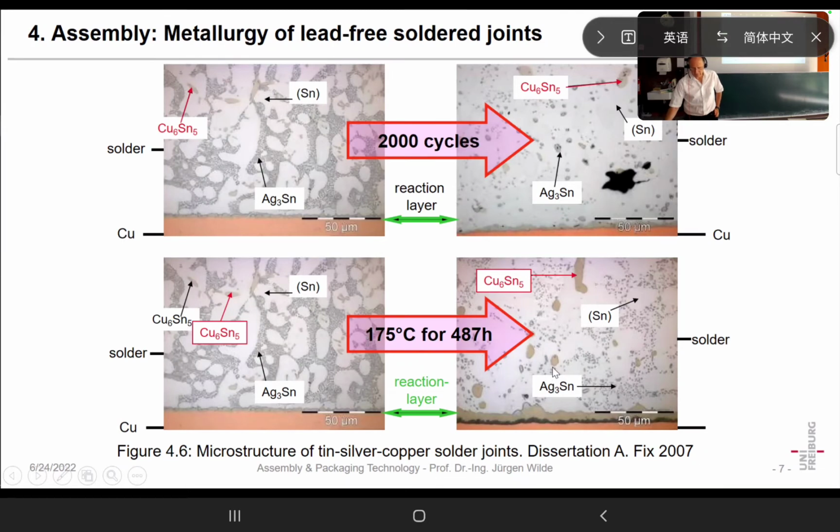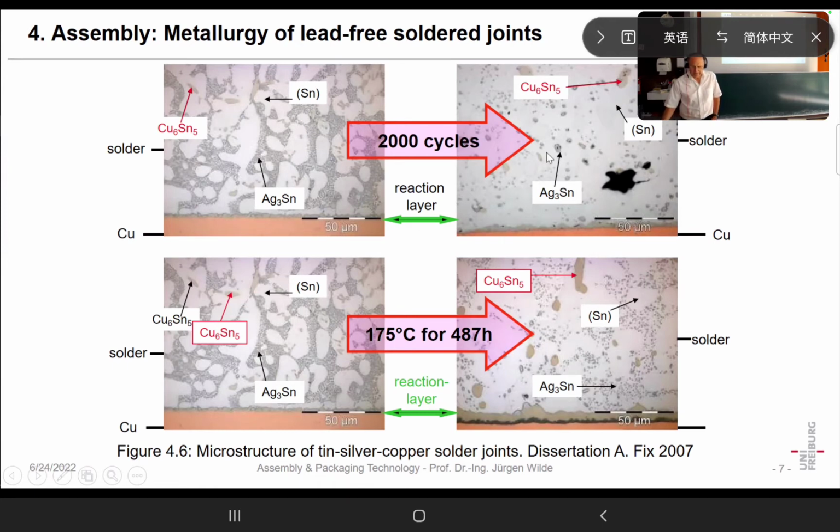The copper tin phases, they grow. And we also see the silver-3 tin makes bigger particles. So generally the structure changes, and having cycles gives us more structural change than just constant high temperature.